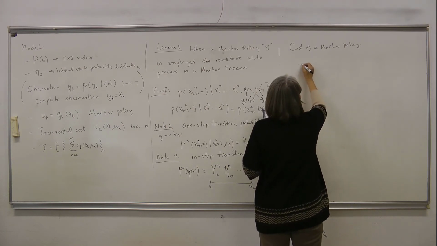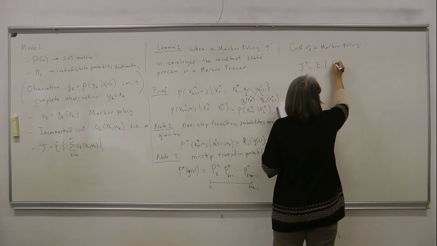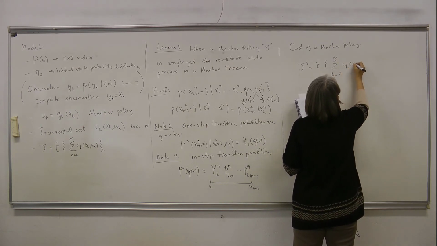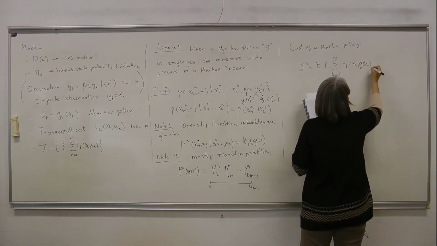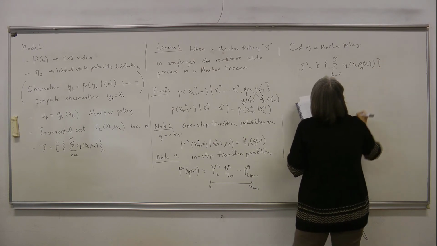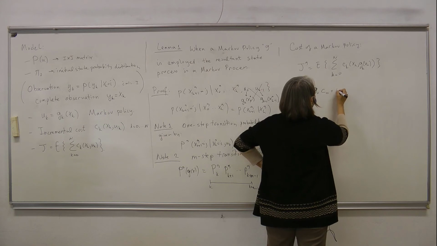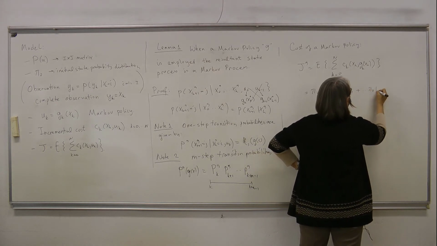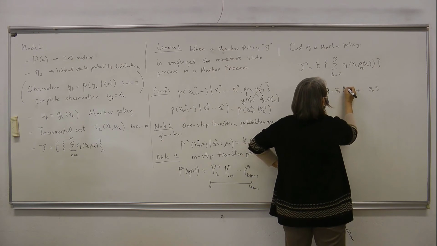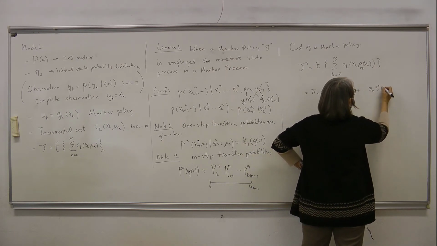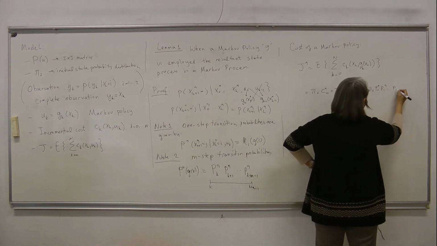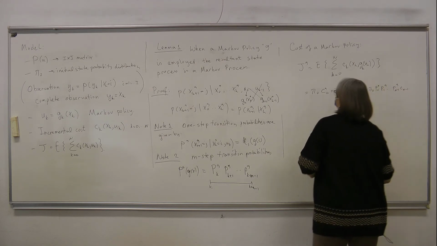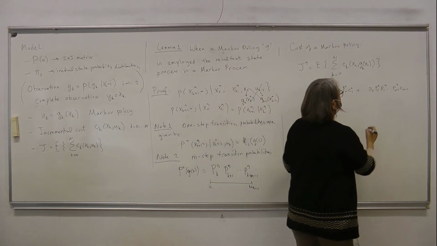This J_g, which is the expected value of the summation k from 0 to n of c sub k of x_k, u_k, g of x_k, since this is a Markov policy, is obtained as the summation k from 0 to n.